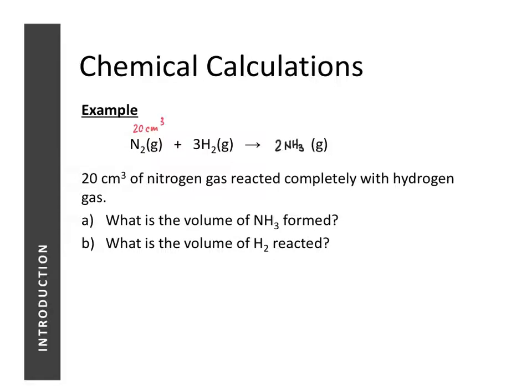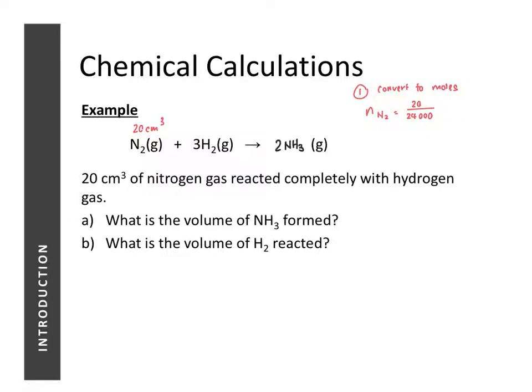So let's try it. Step number 1, which is to convert to moles. Okay, what are we given? We are given the volume of nitrogen. So we can convert volume of nitrogen into number of moles of nitrogen, which is 20 divided by 24,000. Okay, this is volume divided by molar volume.